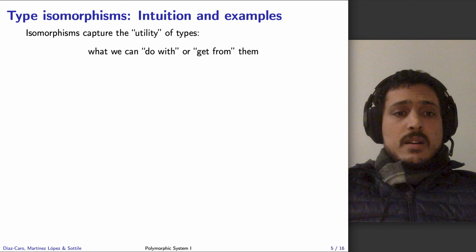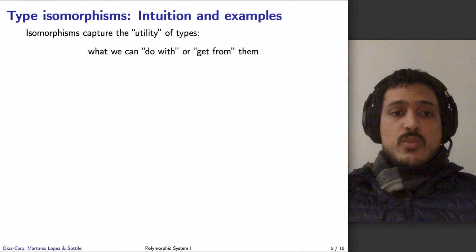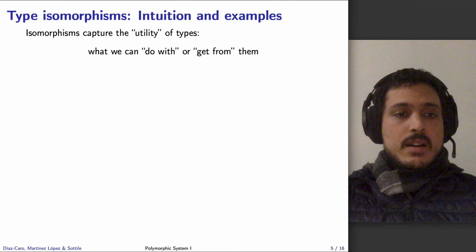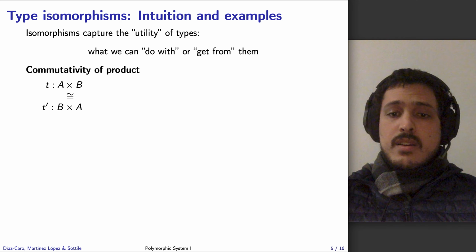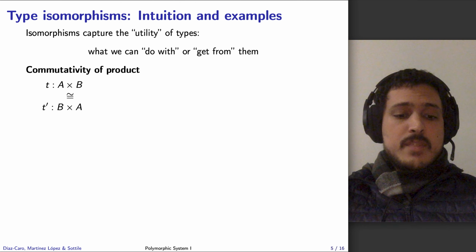So I said isomorphisms capture the utility of types, what we can do with them, what we can get from them. So let's take, for example, the commutativity of the product. We have the types A product B and B product A. We have these terms t and t prime, which are of those types.